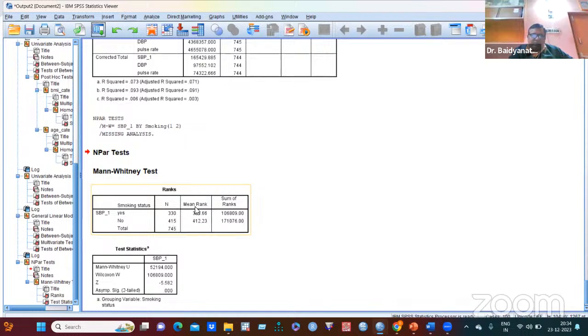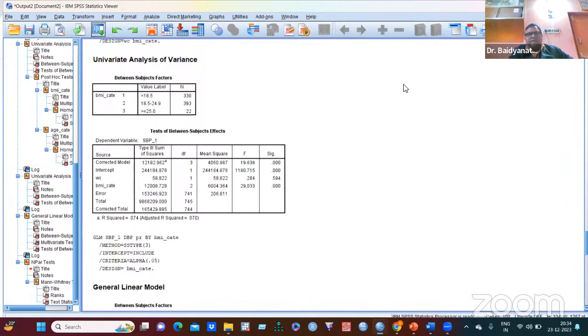So check whether there is a significant difference or not. The Mann Whitney test tells you using the Z value, this is also significant. So we can say smoking status has a significant effect on systolic blood pressure. So the result is the same.